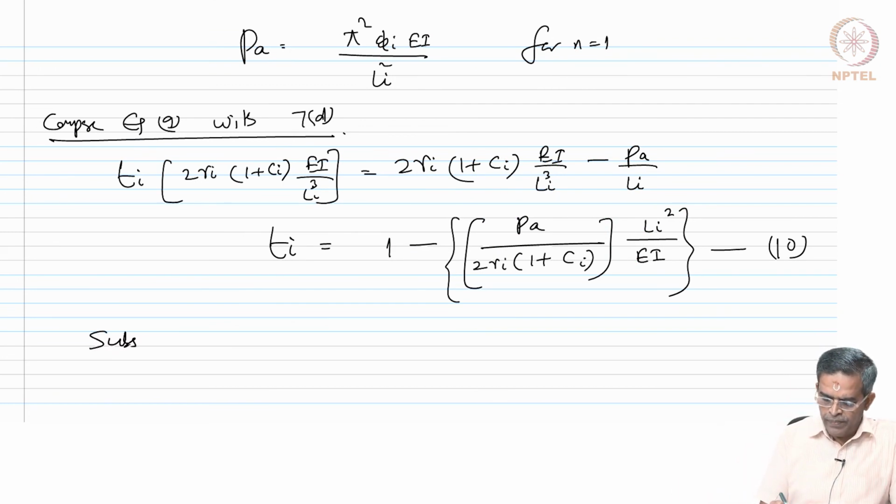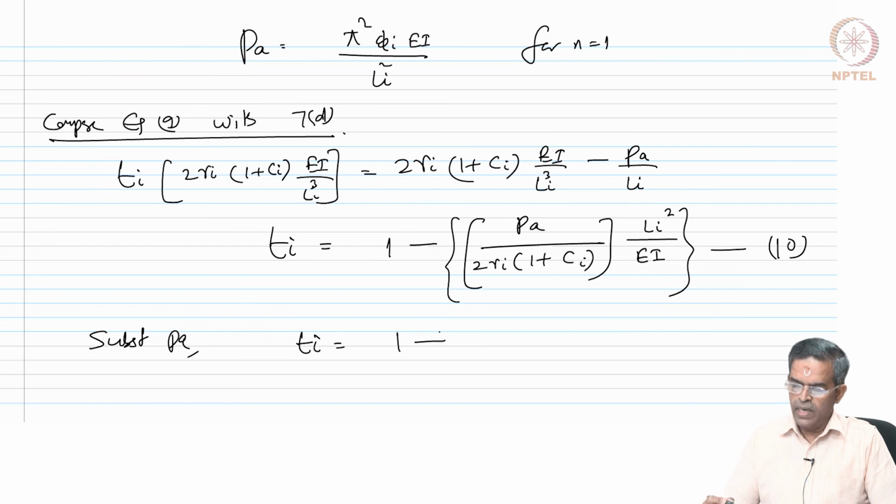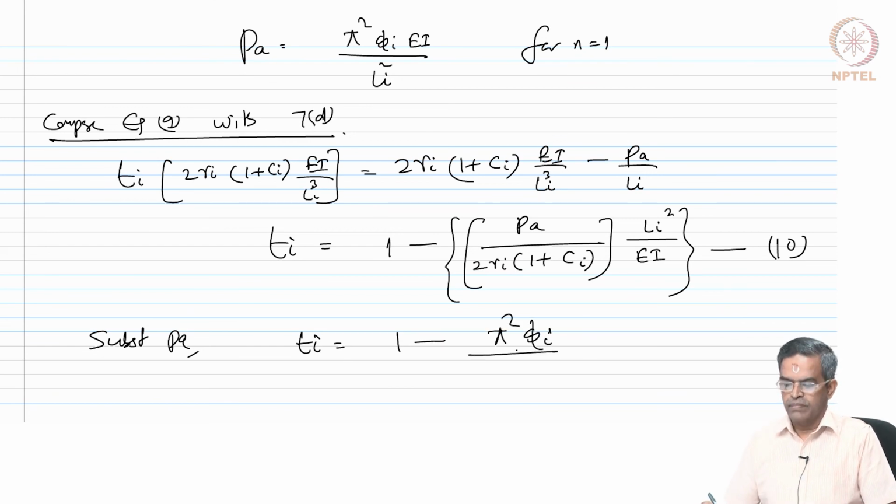Substituting for PA, we get Ti as 1 minus pi square phi I by 2 Ri 1 plus Ci.